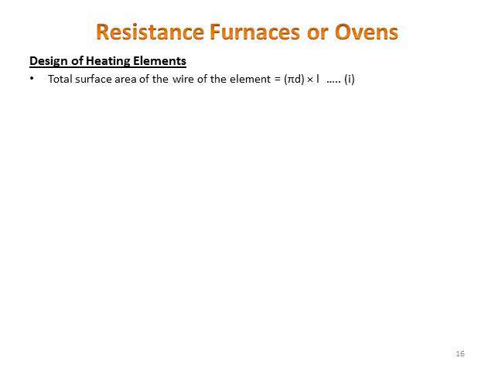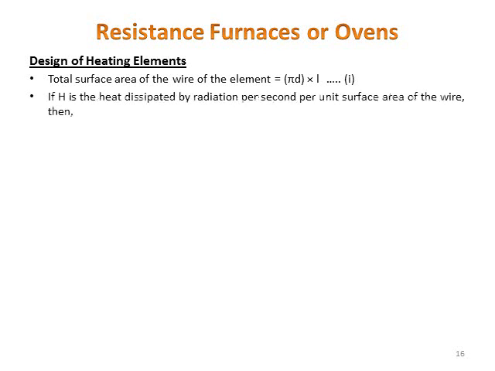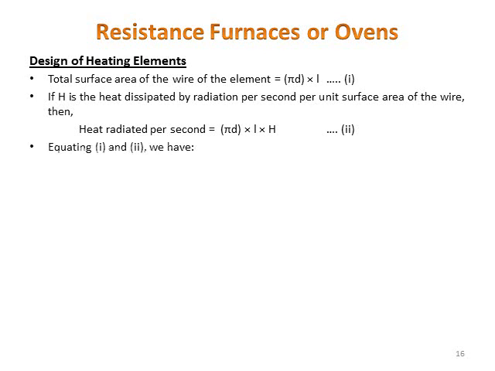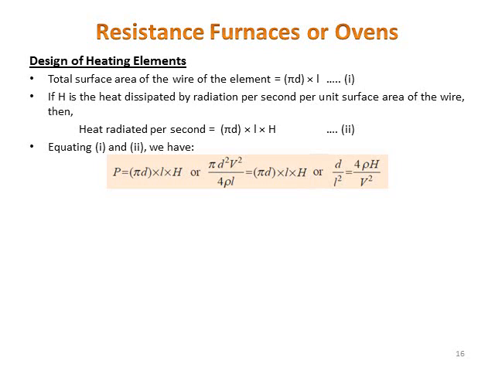The total surface area of the wire of the heating element is equal to pi d into L. If H is the heat dissipated by radiation per second per unit surface of the wire, then heat radiated per second will be equal to pi d into L into H. So equating 1 and 2, we have P is equal to pi d into L into H, or pi d square V square divided by 4 rho L is equal to pi d into L into H, or d square by L square is equal to 4 rho H divided by V square.